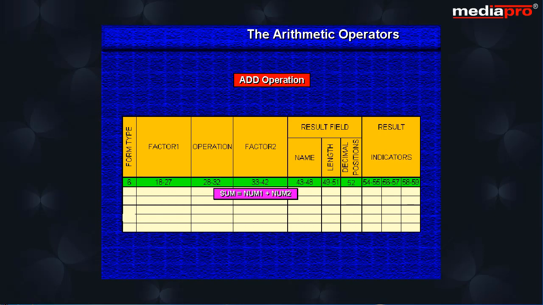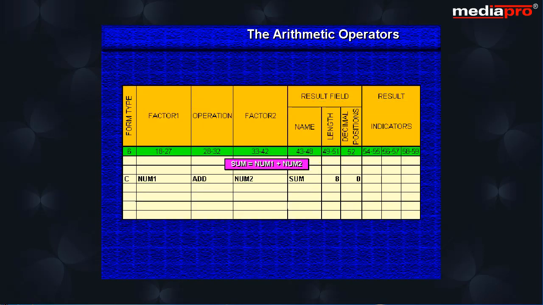If we want to add two numbers num1 and num2 and store the result in a field sum, we code num1 in factor 1, num2 in factor 2 and sum in the result field. We also specify the length of the result field if it is a new field.